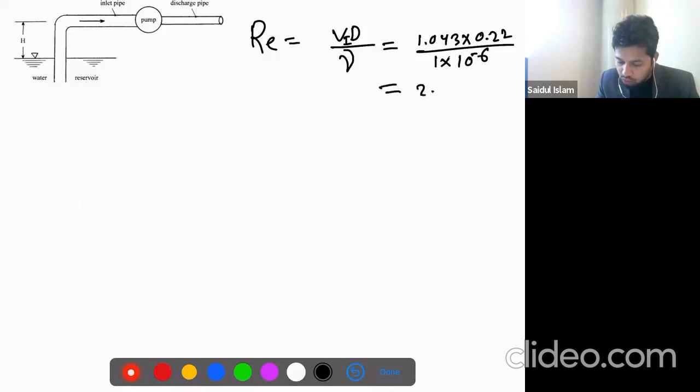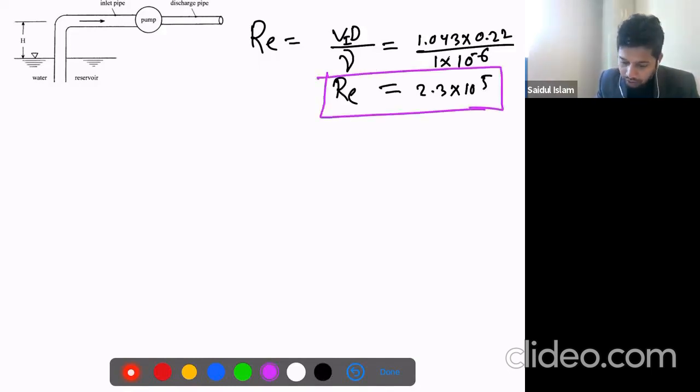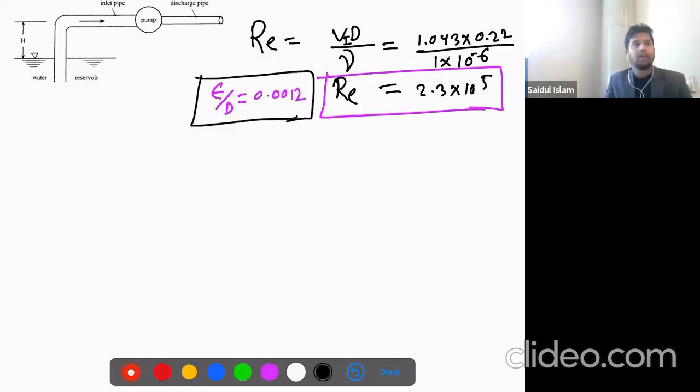So we'll get 2.3 times 10 to the power 5. That's the Reynolds number. And we already have epsilon over d, which is equal to 0.0012. So we have these two values now, epsilon over d and the Reynolds number.